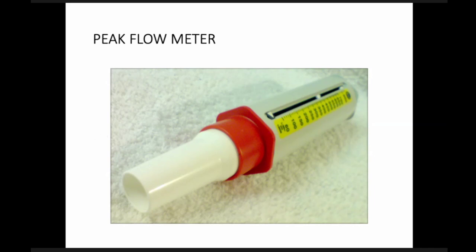And if you measure this daily for a long period of time, again you will see the variability. When the patient is about to get an asthma exacerbation, you can see a dip or gradual fall in the peak flow meter readings. So this is a very useful thing.